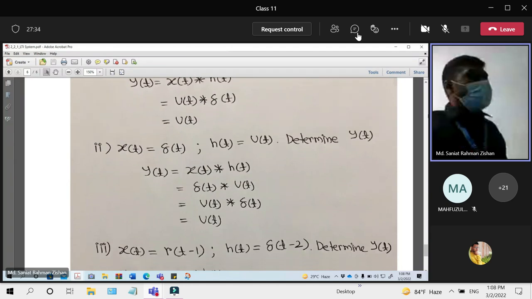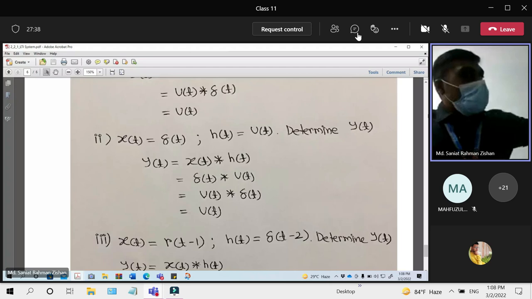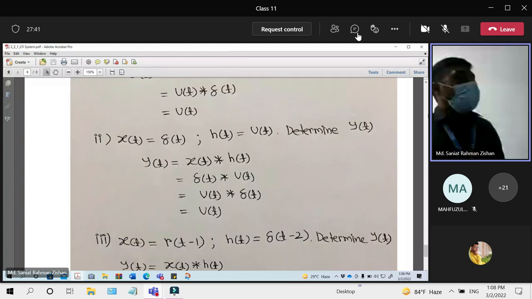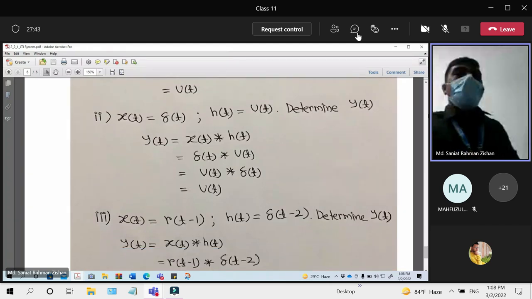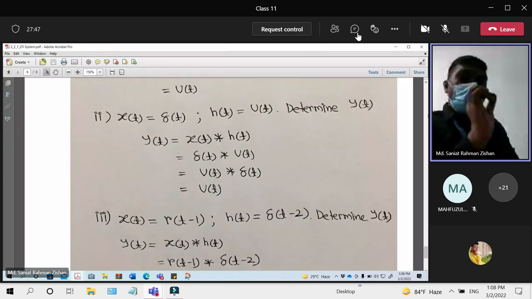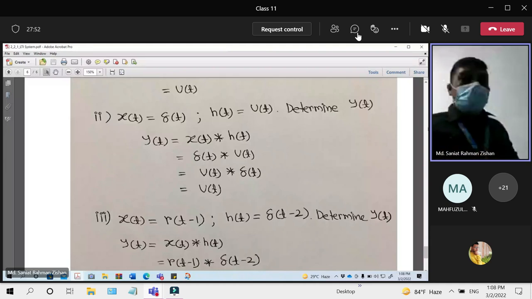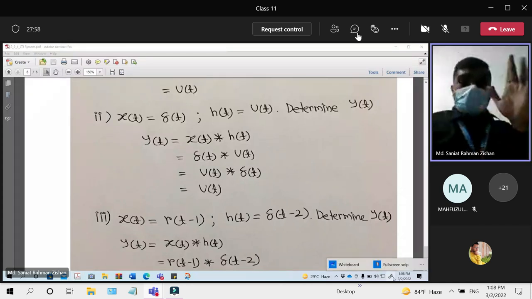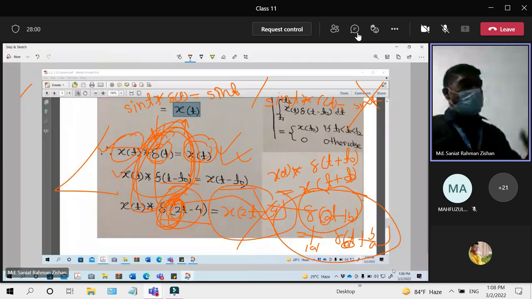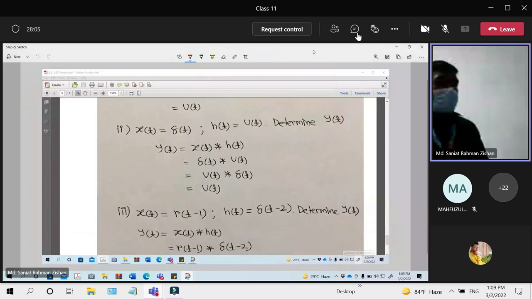Again, this one is an LTI system, so I have applied the same formula. Then I dropped the value of x(t) and h(t). Now, r(t minus 1) convolution delta(t minus 2). I can ask you directly what the answer will be, but just wait for 1 minute because I want to explain. Some of us may find difficulty, that's why I'll be explaining a bit here.